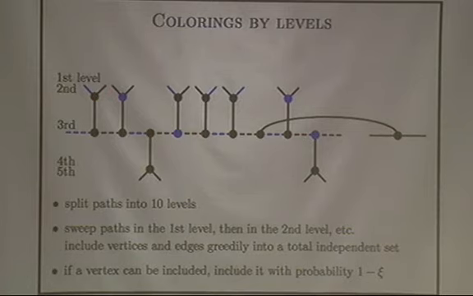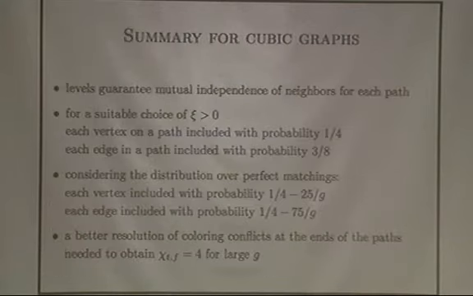For that I am splitting into paths, and because of the girth assumption, they were mutually independent. The role of psi is actually to decrease this probability to 1/4. If there would be no psi, the probability of a vertex to be included in a total independent set would be bigger than 1/4.